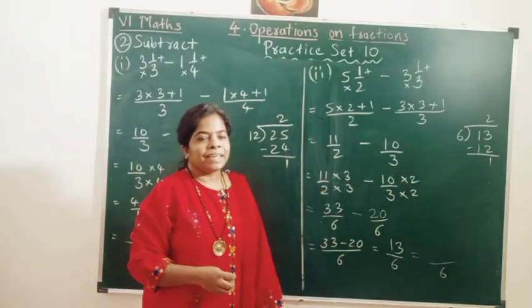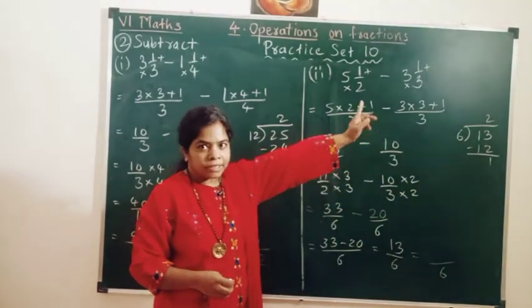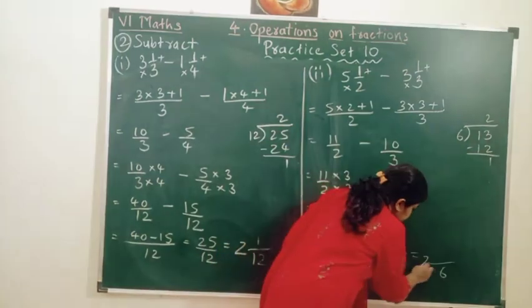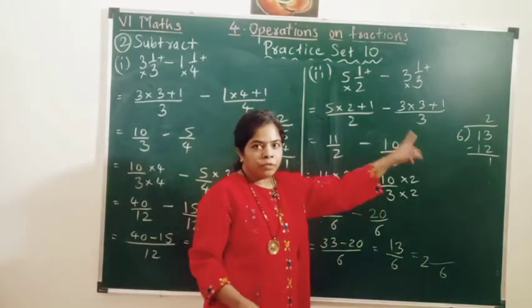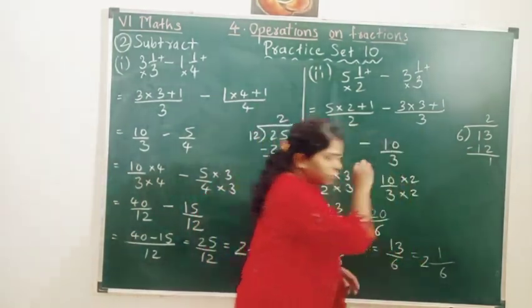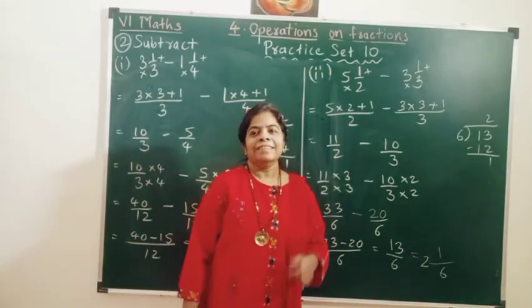Denominator remains the same. Quotient is 2. Remainder is 1. So that's our second sum's answer.